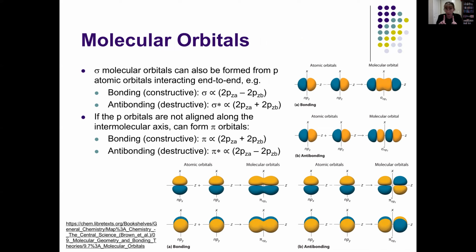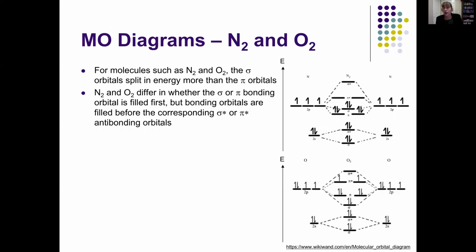So this interaction is not as strong as the end-to-end interaction. Because the end-to-end interaction is stronger, we typically see more splitting between that sigma and sigma star. There's less splitting between the pi's. It's a little more clear down here in this diagram. The pi's have not changed in energy very much compared to the p orbitals, whereas the sigma orbitals have changed a lot more in energy compared to the p orbitals.